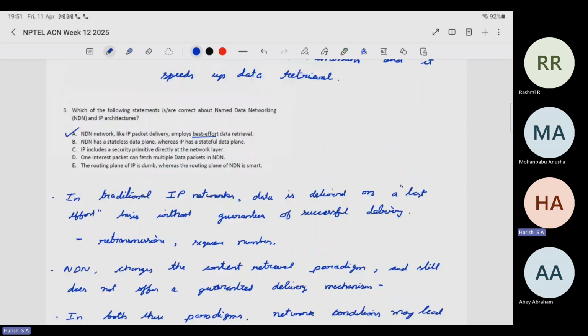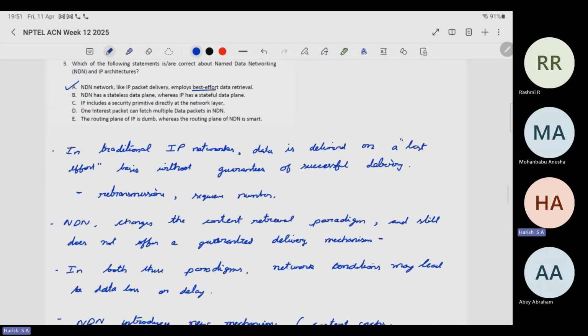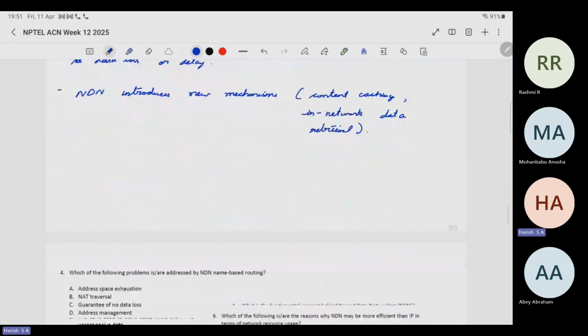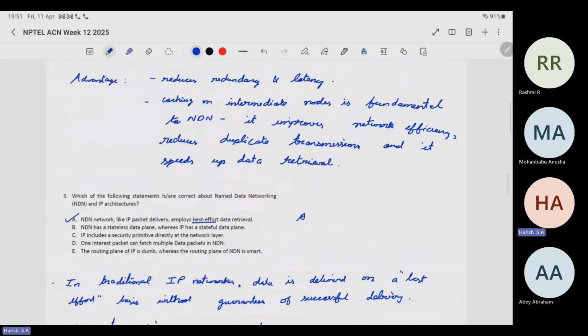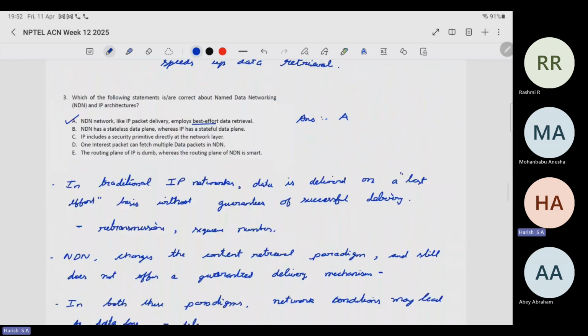Let's look at B. B says NDN has a stateless data plane, whereas IP has a stateful data plane. Okay. I'll give you the explanation for B. So again, the answer for this question is A. That's all.